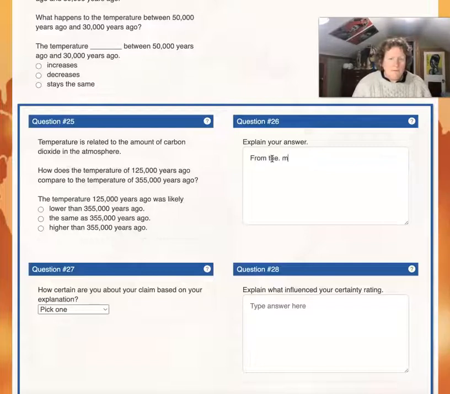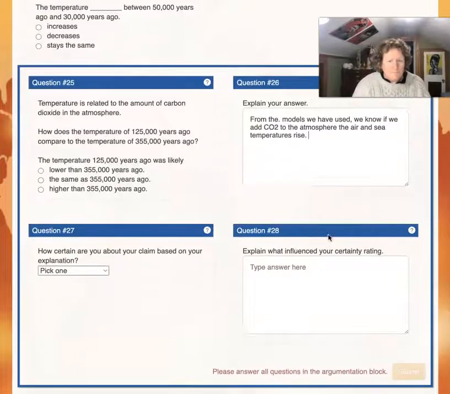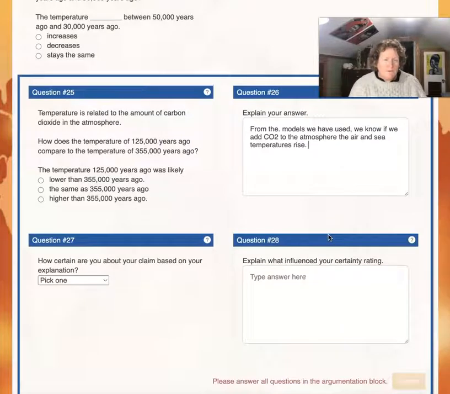From the models we have used, we know if we add CO2 to the atmosphere, the air and sea temperatures rise. How certain am I about my explanation?